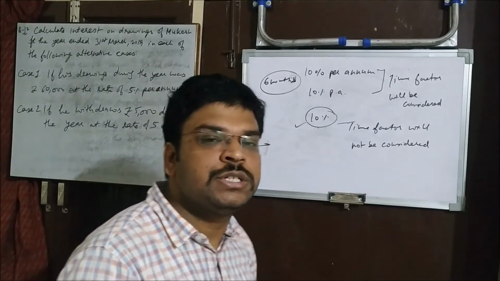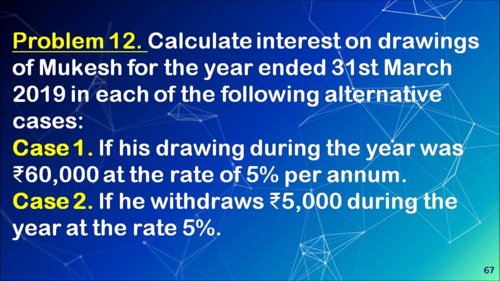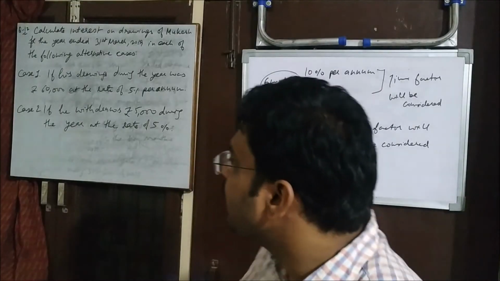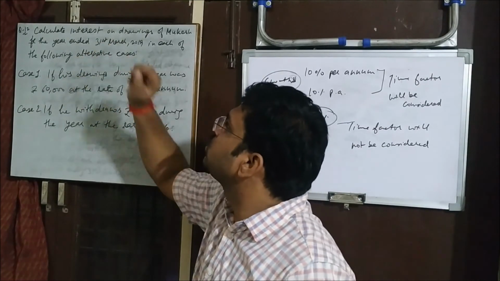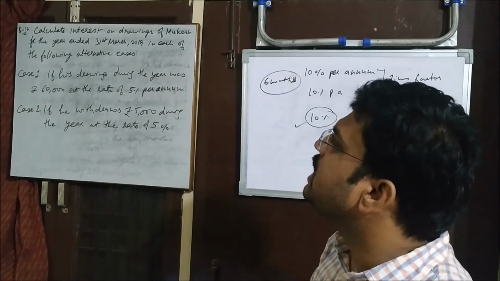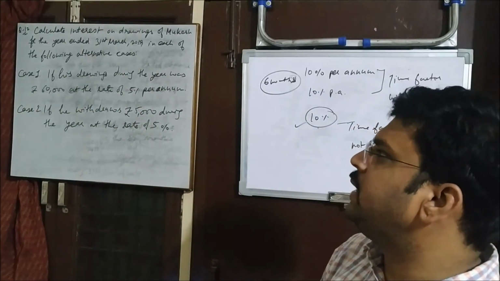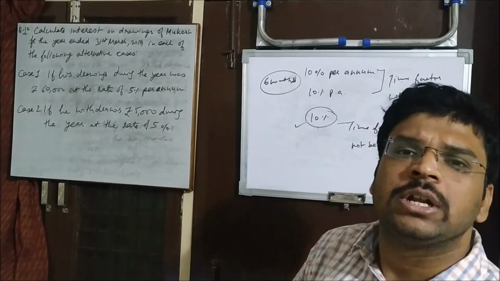So you can see the question on your screen. I have written the question here. Let's read that. Calculate interest on drawings of Mukesh for the year ended 31st March 2019 in each of the following alternative cases.